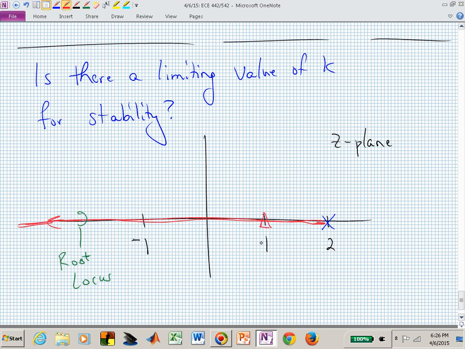That's when we crank up the gain k to get to that triangle. This, I would say, is now our lower limit on stability. What's the upper limit? It's now when we crank up the gain to get to that square. This is now our upper limit.